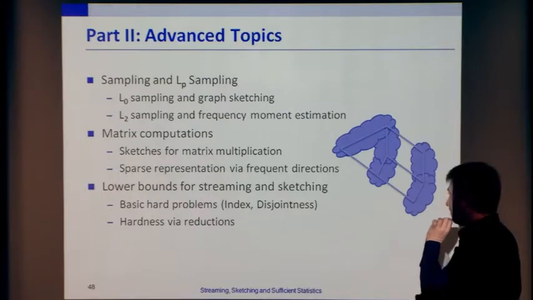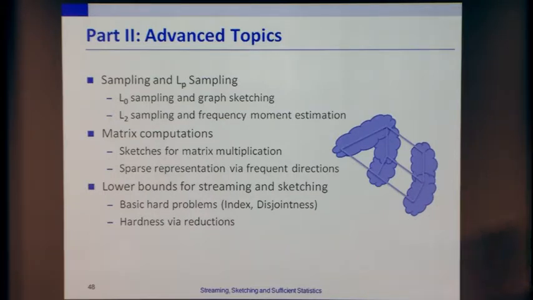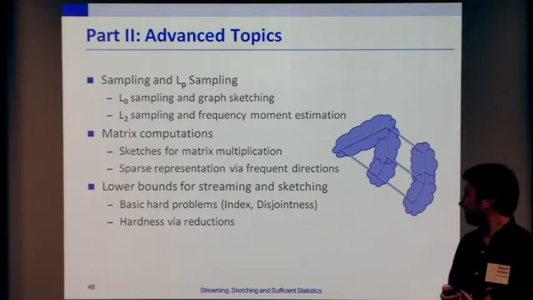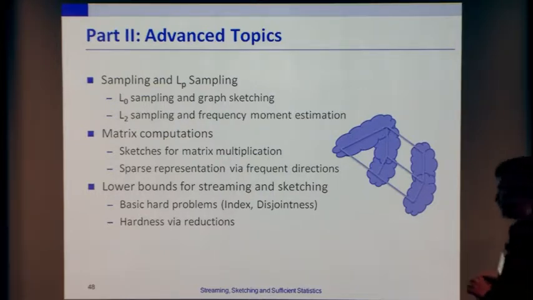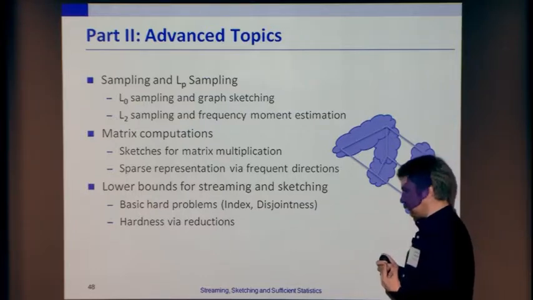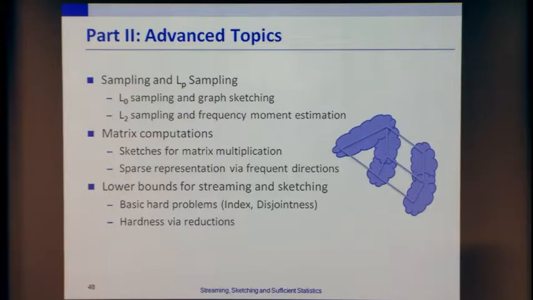I'll talk a little bit about matrix computations. This might be somewhat compressed because it echoes, but from a slightly different perspective, what we already saw on Wednesday about matrix computations. And I'll also try to talk about lower bounds. Again, these are lower bounds that came out of communication complexity, have been applied to streaming, and also apply to this idea of sketching.